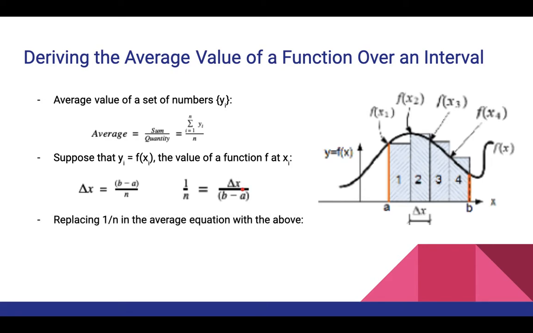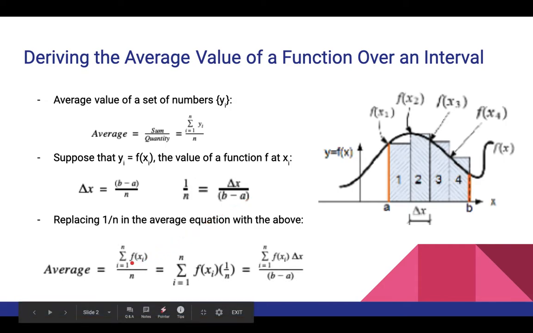What we're going to do is replace 1 over n in our average equation. Notice how we have a division by n in our average equation, and we're going to replace this with delta x over b minus a. As a result, the average equation can be turned into the summation of f of xi times delta x divided by b minus a.